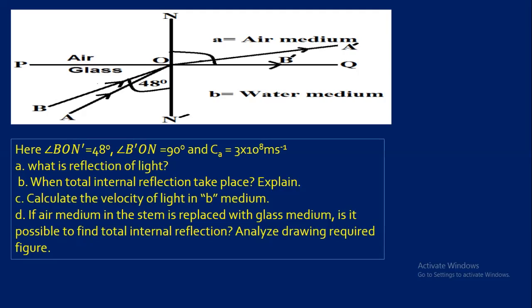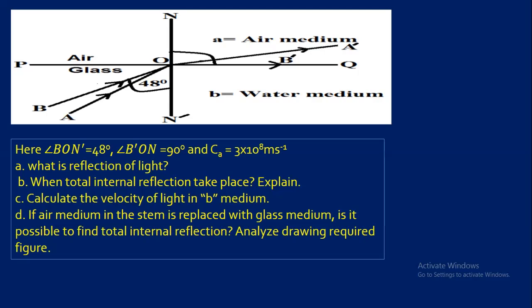Number two: if the air medium is replaced with a glass medium, is it possible to find total internal reflection? Analyze, drawing the required figure. If we replace the air medium with a glass medium, then the condition will not happen. For total internal reflection, we know that the light ray must come from a denser medium to a rarer medium.